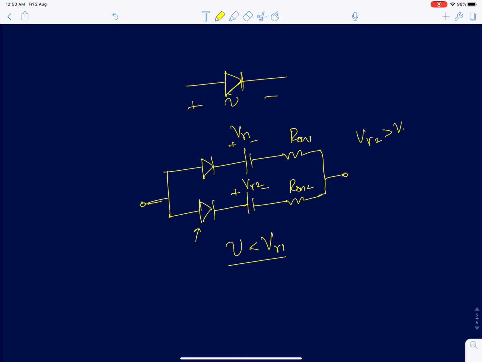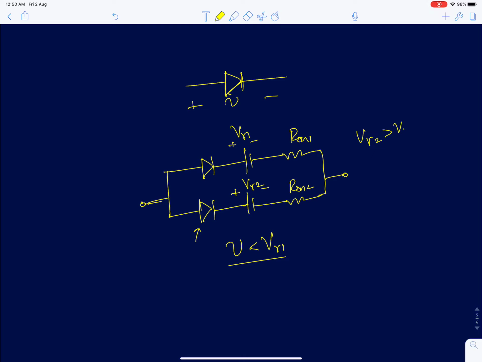That is nothing but an IV graph. The slope has actually increased. That way we are able to model the variable slope of the nonlinear characteristic of a diode by using this composite model. If you want even more accurate slopes for larger ranges of voltages and currents, you can keep adding more and more diodes in parallel.